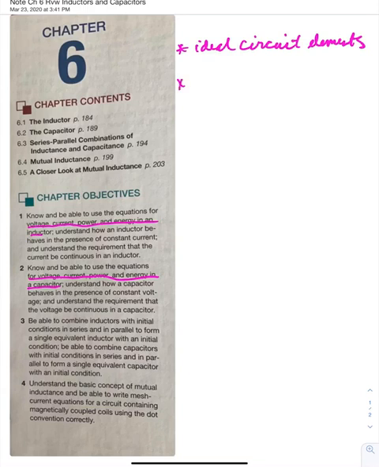And inductors and capacitors are energy storage elements. They are not active elements in that they do not generate voltage or current. They store and release that energy, so they are considered passive elements.